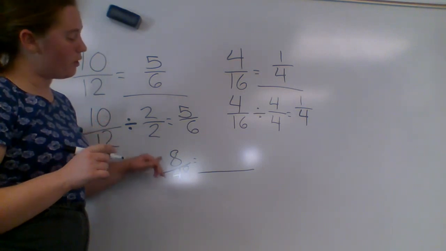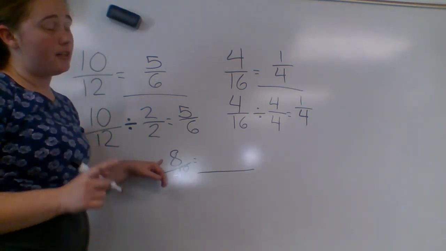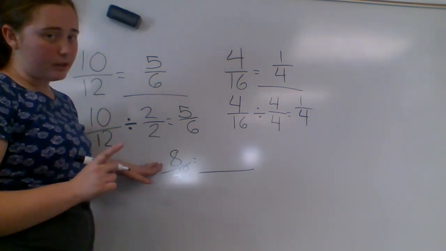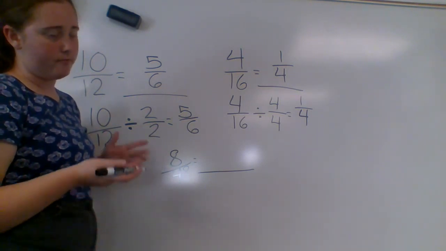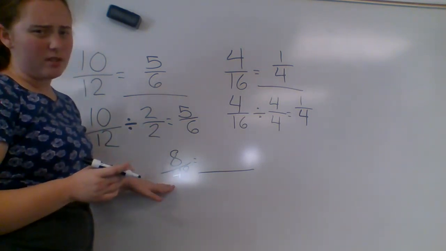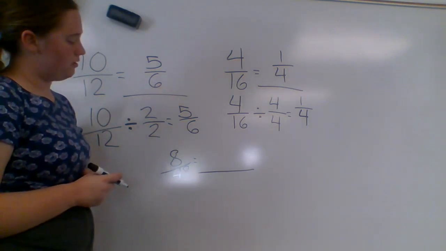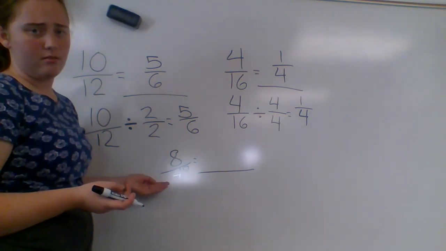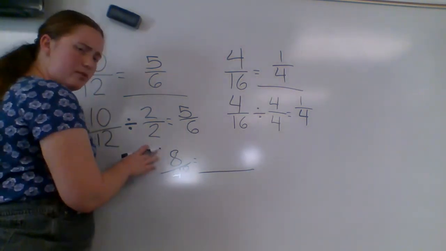But 4 can go into 8. And I know 4 times 12 equals 48. But I also know 8, of course, will go into itself. Will 8 go into 48 too? Right, it will. How many times will 8 go into 48? Right, 6 times. So let's use 8.